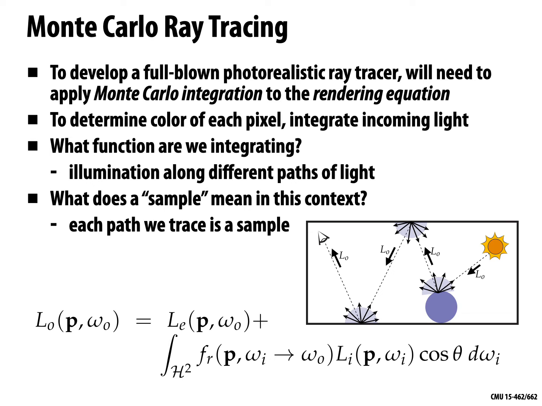The second term is saying I want to integrate over all possible incoming directions, omega sub I, the incident radiance, L sub I, on the point P in the direction omega I, times the scattering, how much light got bounced off that point in that direction versus how much got absorbed, right? And then we have a cosine theta term just to account for the way we parameterize integration. Okay?